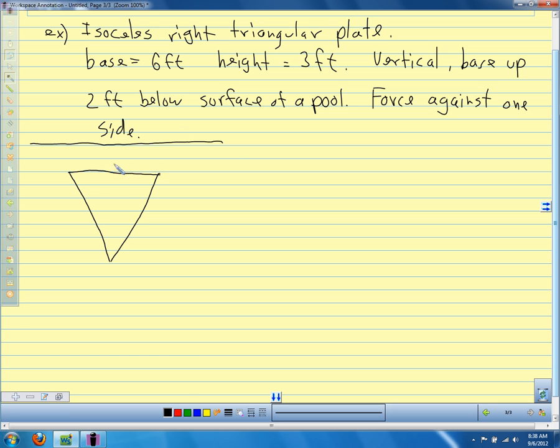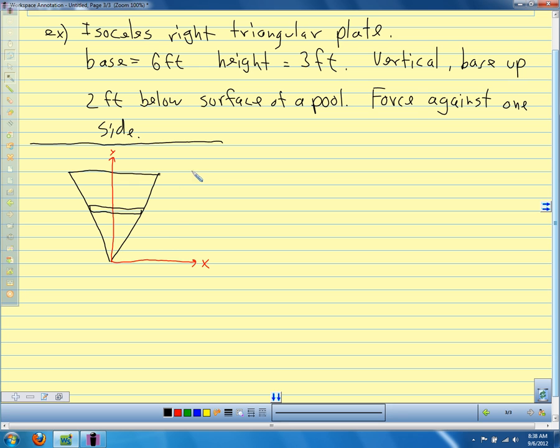So I'm going to set my coordinate system right through the center of the plate. I'm going to say that this is y and this is x. And I like to draw my little representative rectangle in here, the representative rectangle that we're going to be looking at.